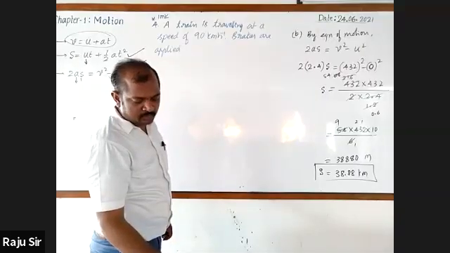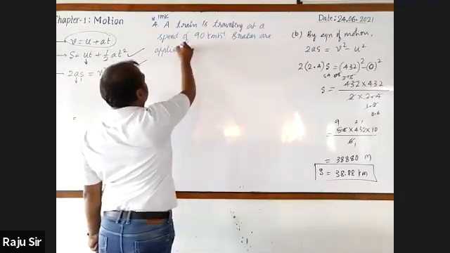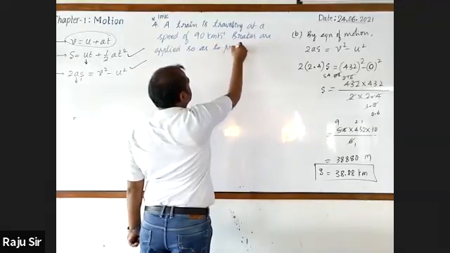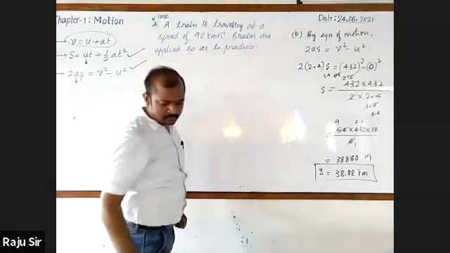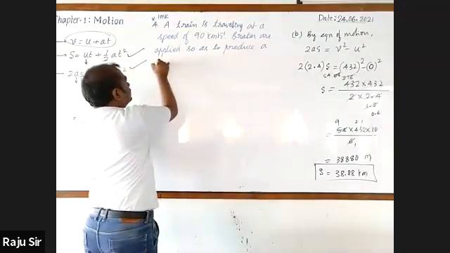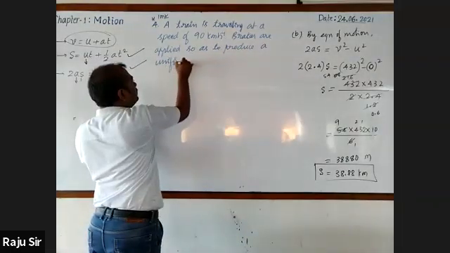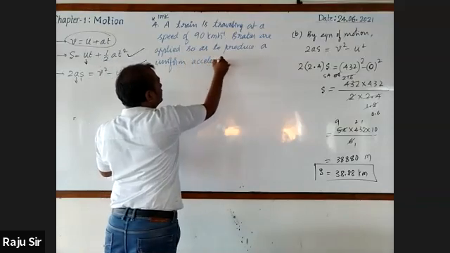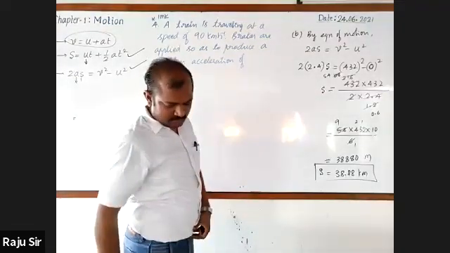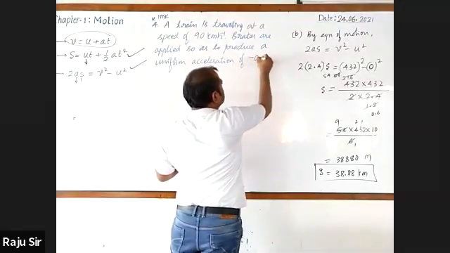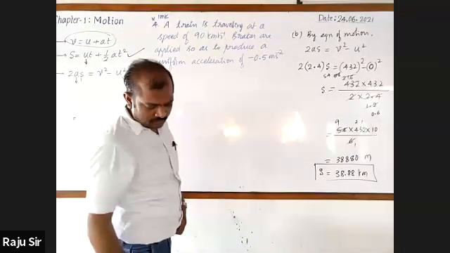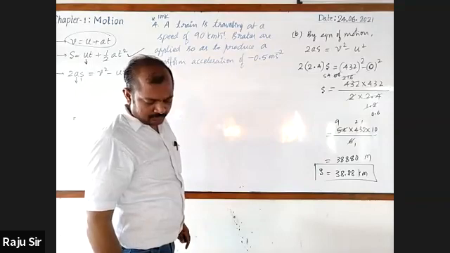Brakes are applied so as to produce a uniform acceleration of minus 0.5 meter per second square. They have given it.